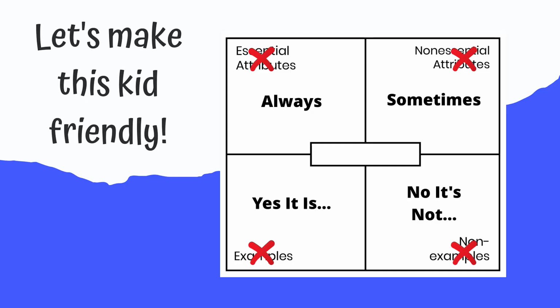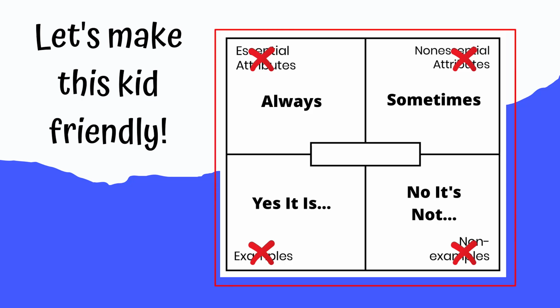My goal with all of these strategies is to always make it more kid-friendly. So I will show you a template that I created using these terms and getting rid of some of that really complex language that might be confusing for kids.